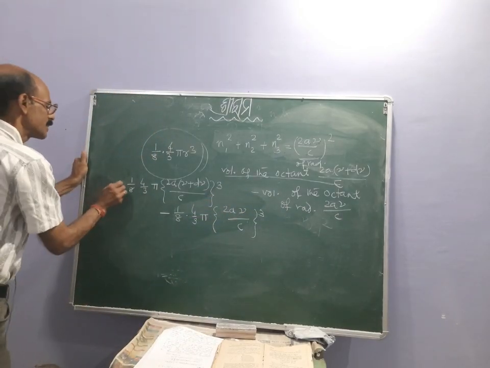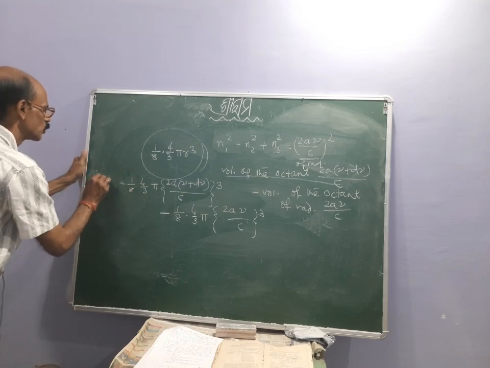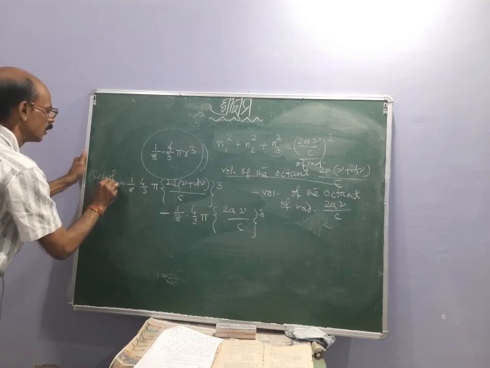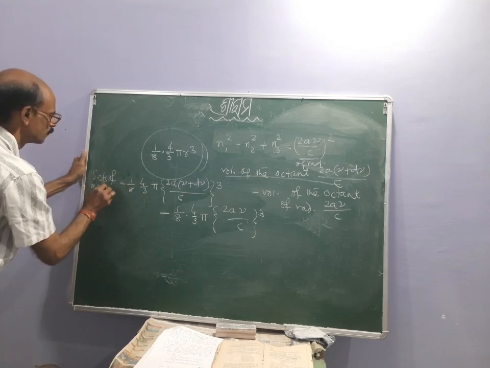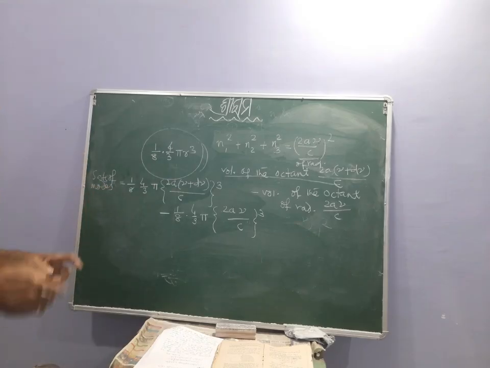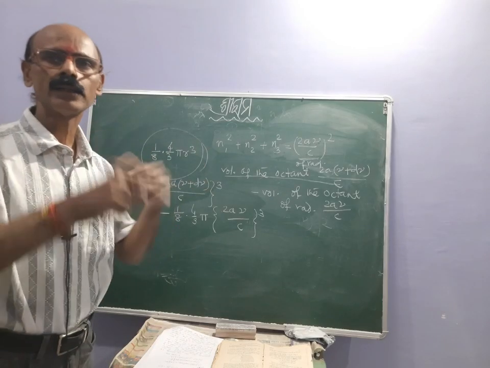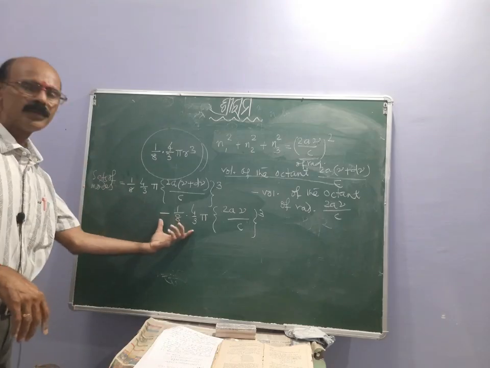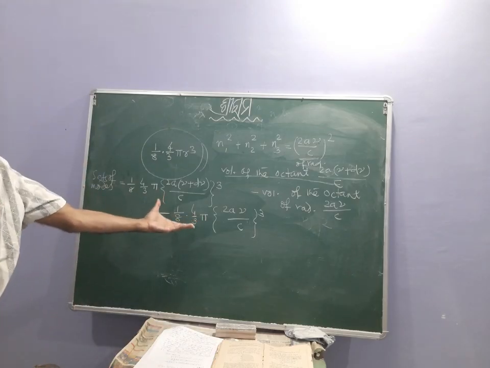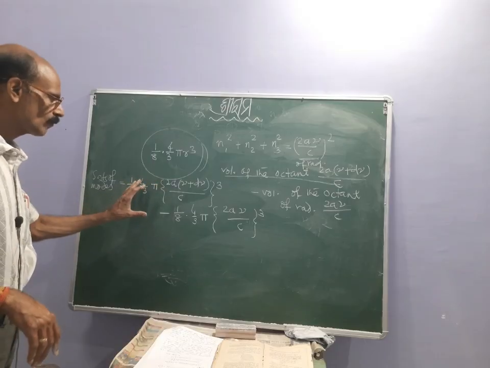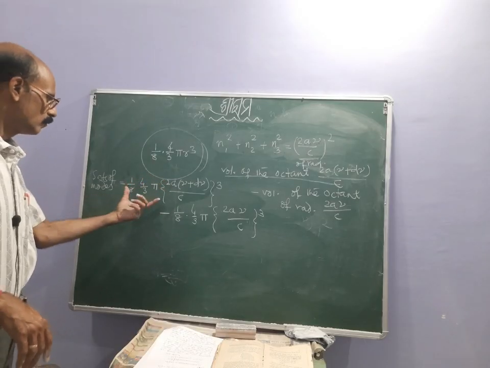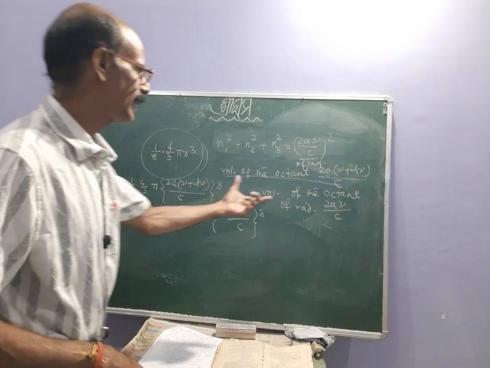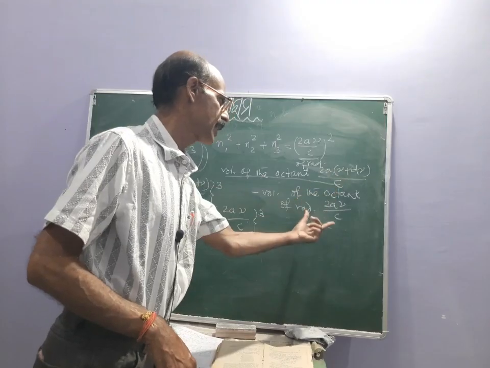So this gives the sets of modes of vibrations n1, n2, n3, different sets of modes of vibration, equal to the volume enclosed by the radii of the sphere with this and this.